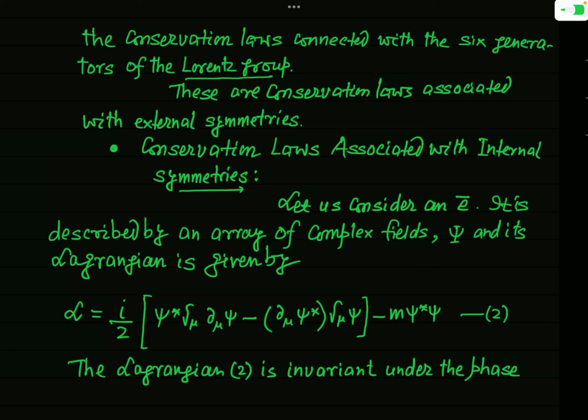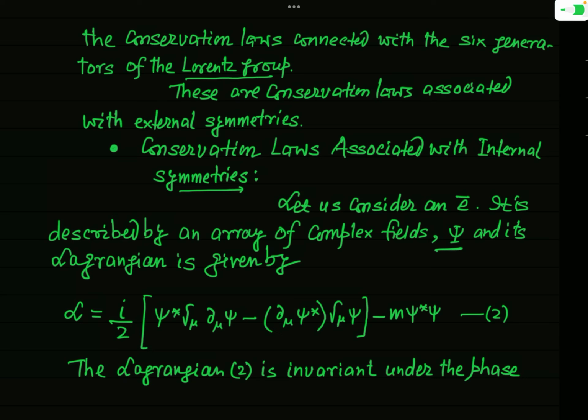Now for this, let us consider an electron, and this electron is described by an array of complex fields, and this complex field is denoted by the symbol psi. The Lagrangian, as I have told you, according to the classical field theory, the expression for the Lagrangian of this electron will be what?